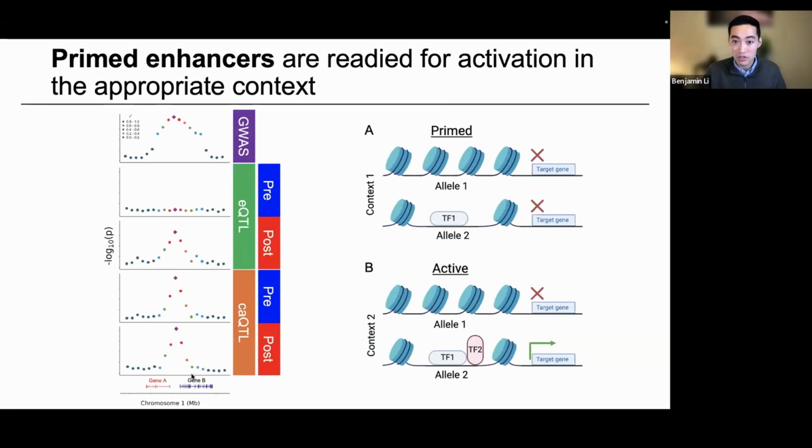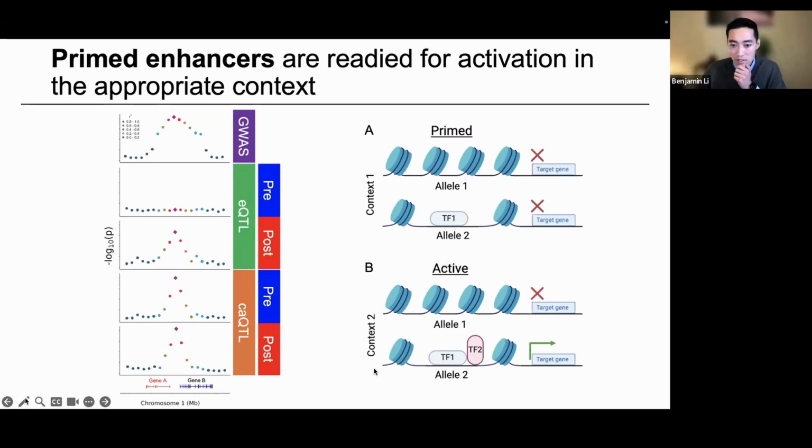In primed enhancers, I'm showing 2 contexts here. Context 1, or the basal context, on the top, and context 2, the stimulated context, on the bottom. And you can appreciate how allele 2 is always associated with greater chromatin accessibility. But in the basal context, perhaps TF1 is bound there. It might be a pioneer TF, but we don't really see differences in a target gene's expression, so we don't appreciate an EQTL.